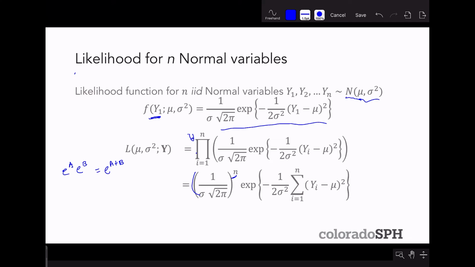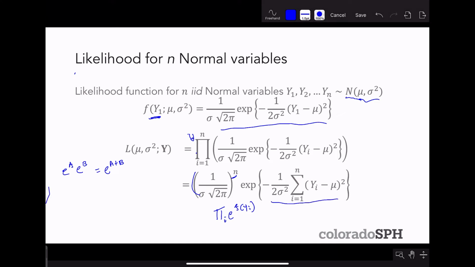And then for the exponential here, what you would have is the product over each of these e to the, I'm going to say function of yi terms, just to encapsulate this whole term here.